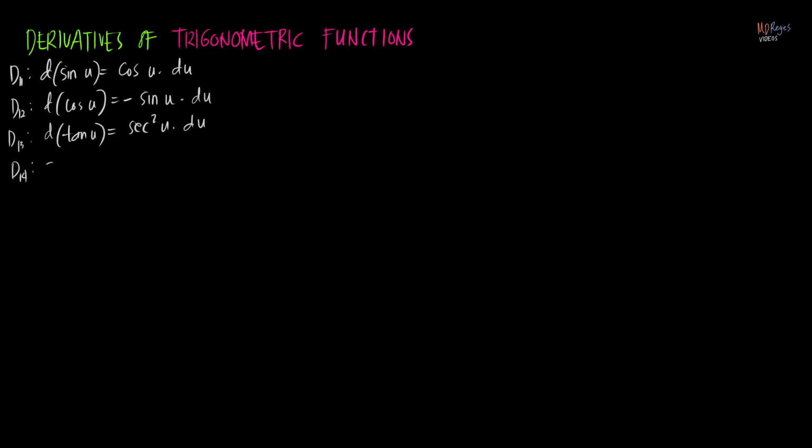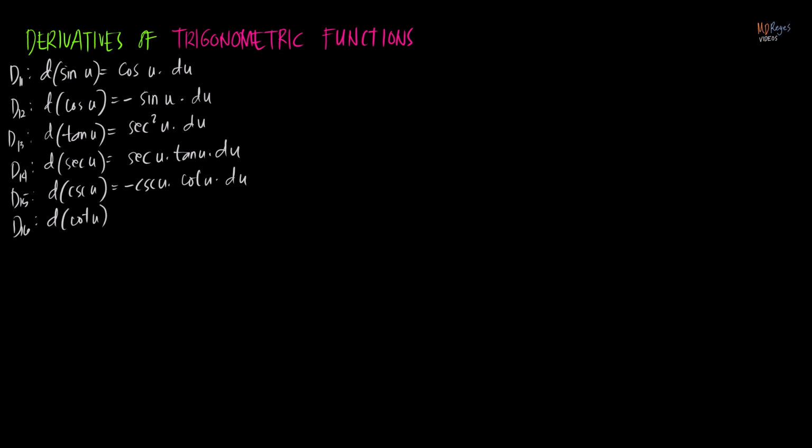For the derivative of secant of u, it's secant u times tangent u times du. The derivative of cosecant of u is equal to negative cosecant u times cotangent of u times du. And lastly, the derivative of cotangent of u is equal to negative cosecant squared of u times du.